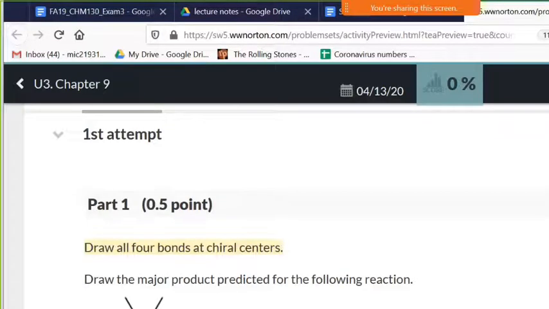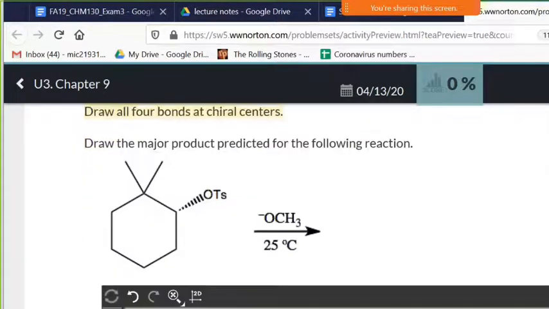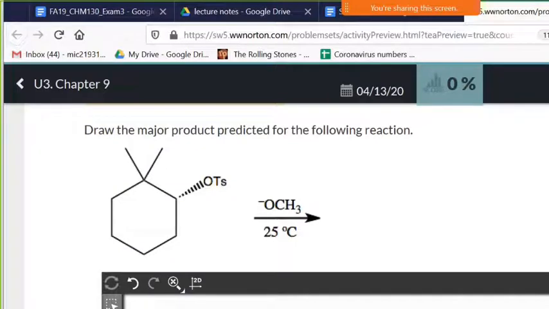Okay, here we go. Draw the major product predicted for the following reaction. So what we're trying to decide is which reaction we should be doing, substitution or elimination.